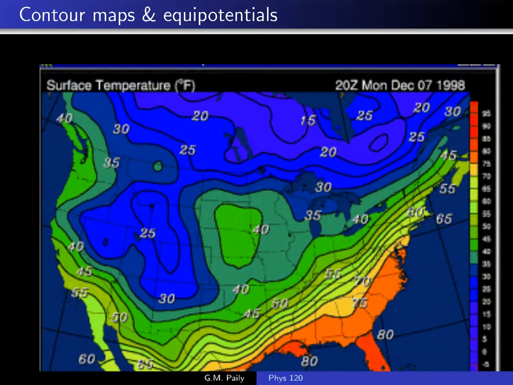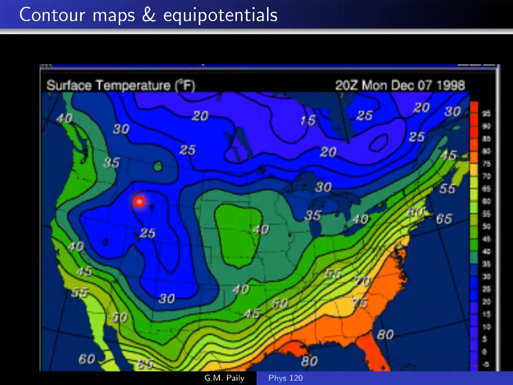Let us introduce the concept of contour maps. Here is a temperature map of the United States. Temperature is a scalar, so what are all these lines? They're certainly not flow lines. Instead, we see that these are contour lines. They connect places that have the same temperature. Notice that each line has a number associated with it.